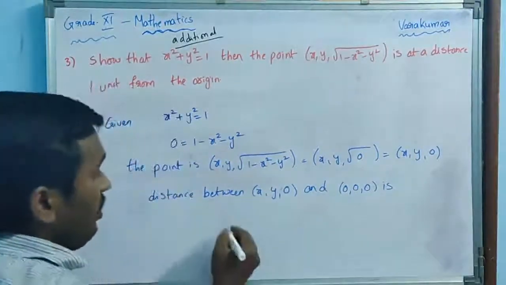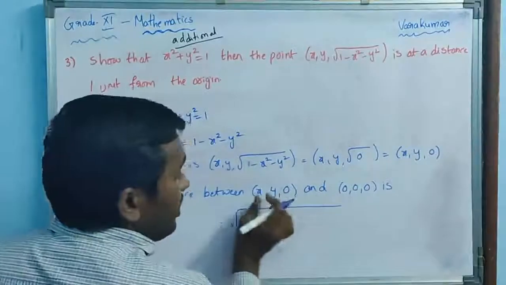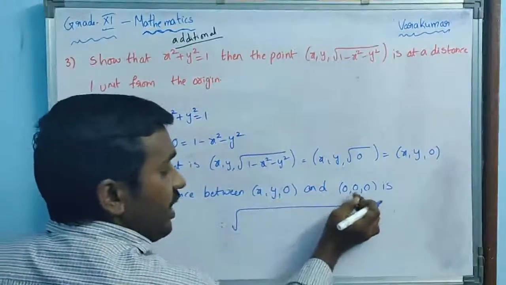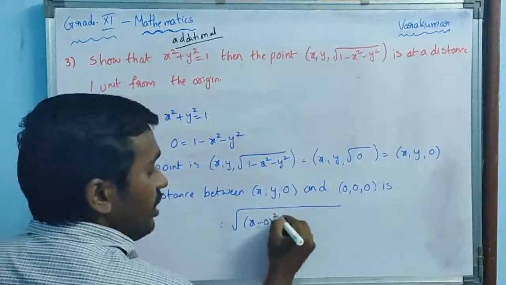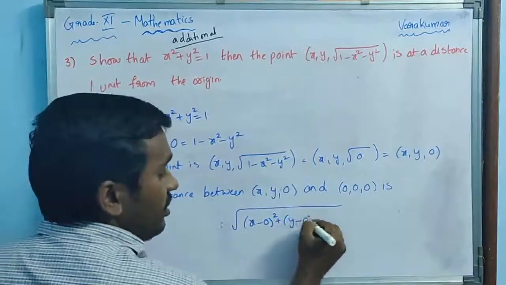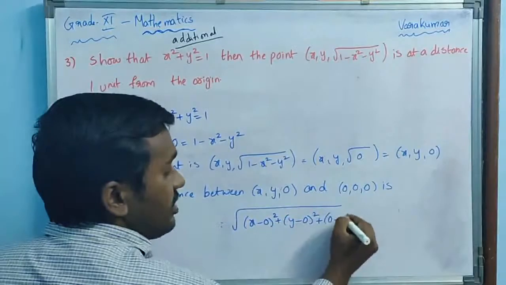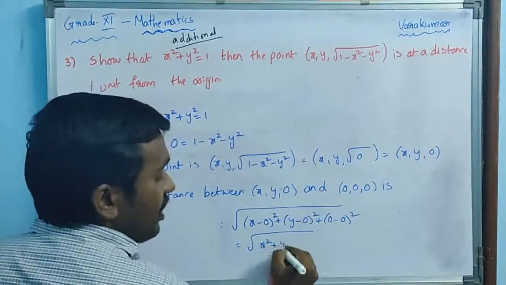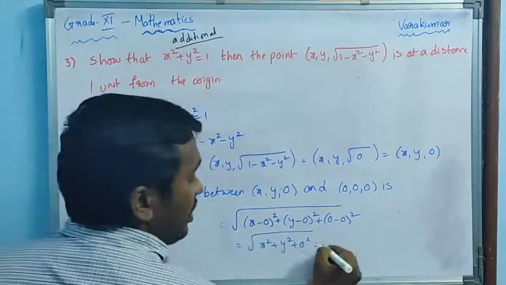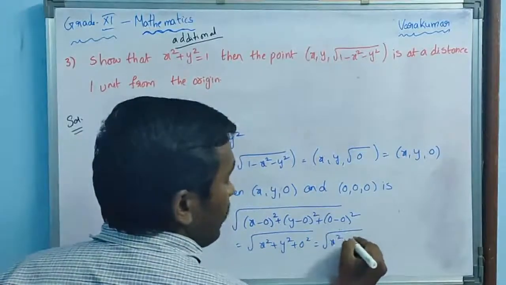Alright. Now if I use that condition, then x minus 0 whole square plus y minus 0 whole square plus 0 minus 0 whole square. Then what are you going to get? x square plus y square plus 0 square, which is nothing but x square plus y square.